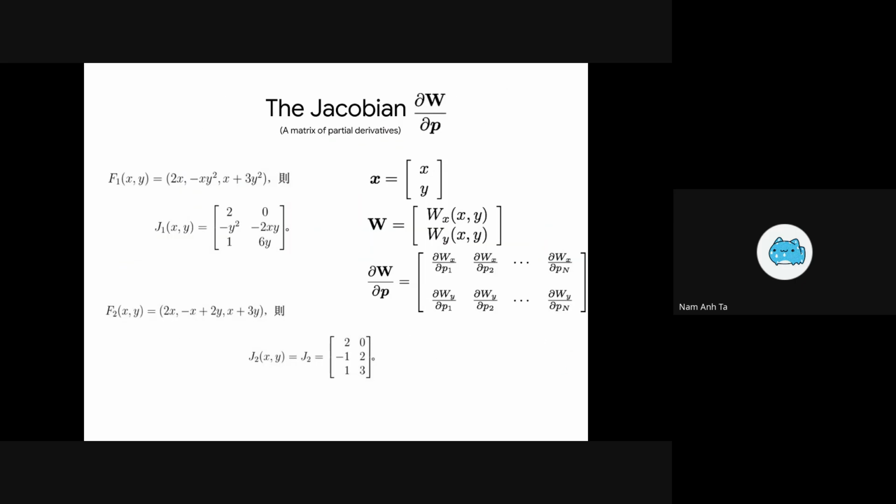One thing we need to dive deeper into here is the thing that I just mentioned, the Jacobian. This is a matrix of partial derivatives.